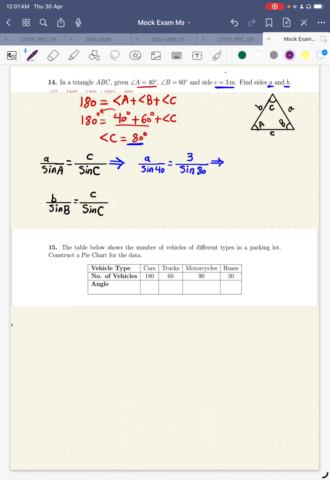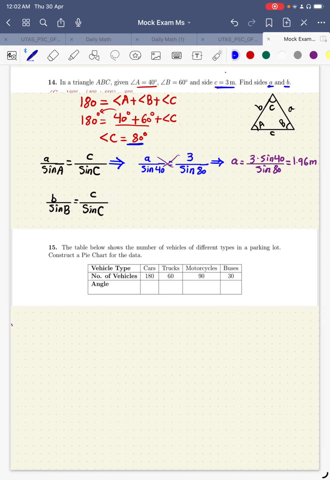I multiply a with sine of 80 and divide again by sine of 80, so I can write everything in a clear way. It will be 3 times sine of 40 divided by sine of 80, which gives me 1.96 meter.